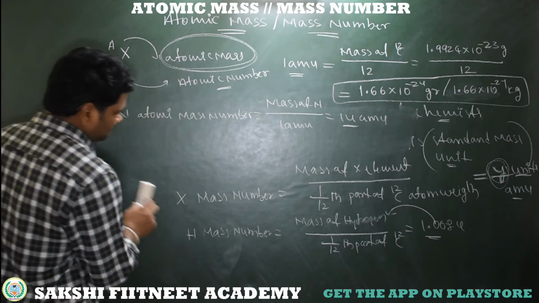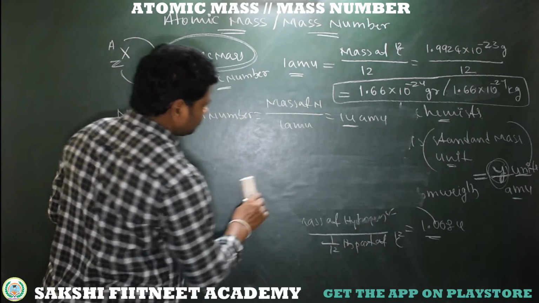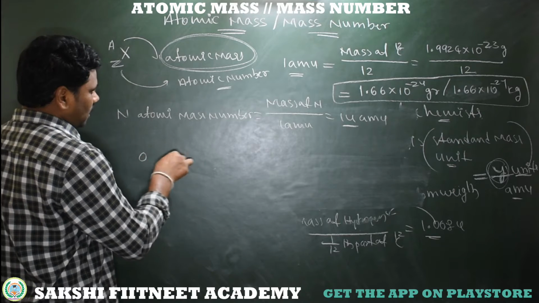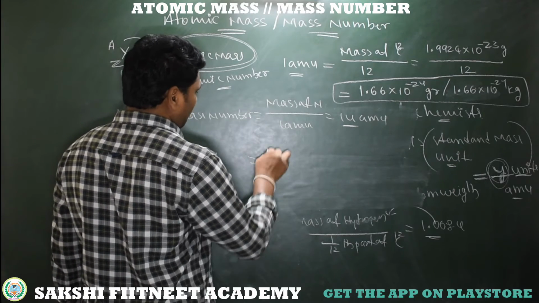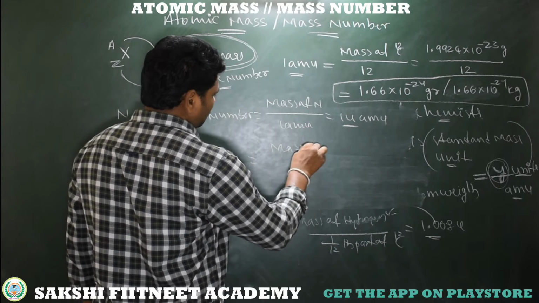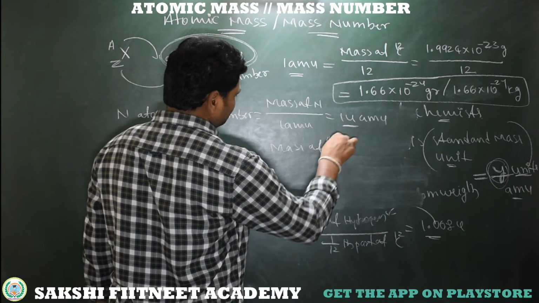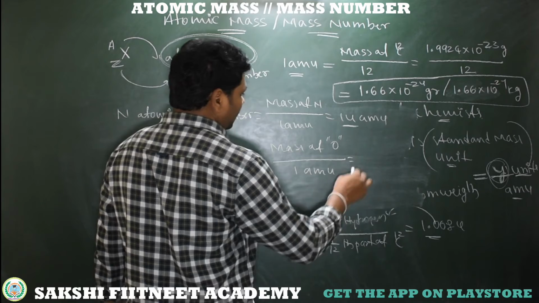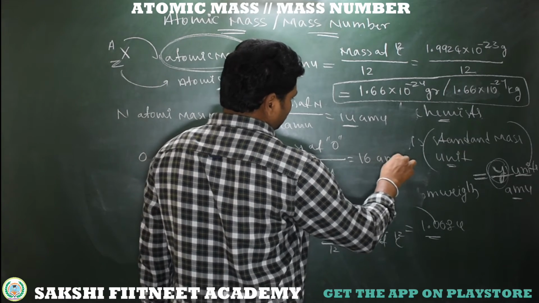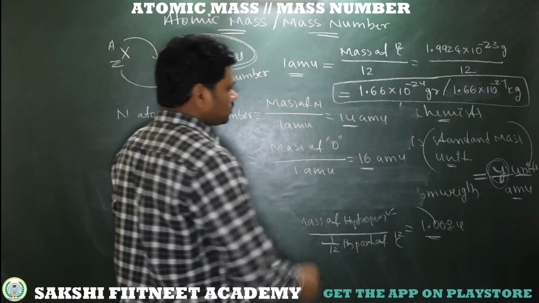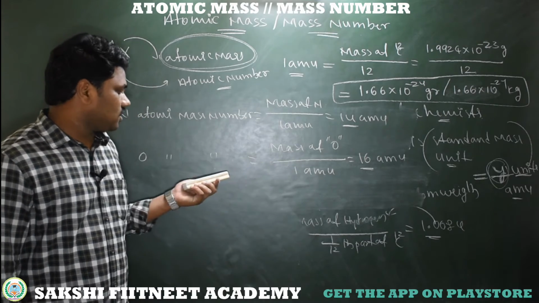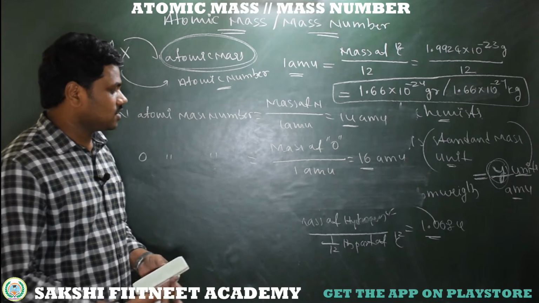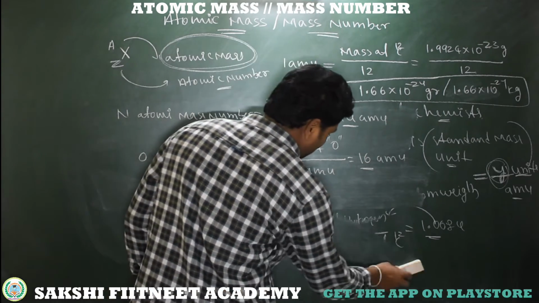Coming to oxygen. The oxygen atomic mass number is equal to the mass of oxygen divided by 1 AMU. If we get 16, then 16 is the mass number of this oxygen element. So this is mass number.